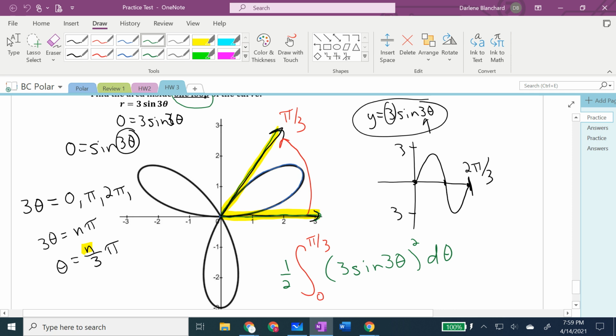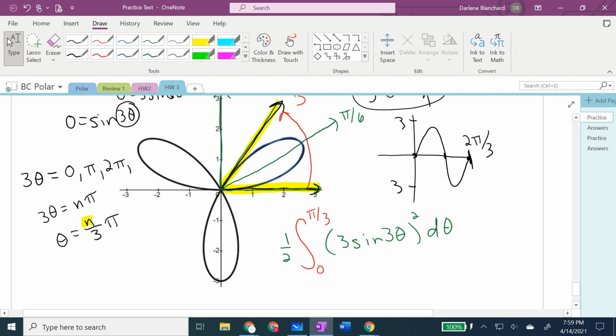However, there is so much symmetry to this graph. If you play around with this idea a little bit more, let's say we integrate from pi over 6 to pi over 2.